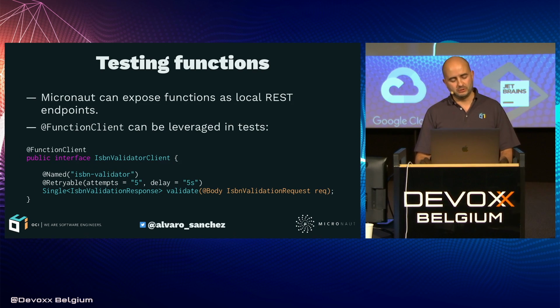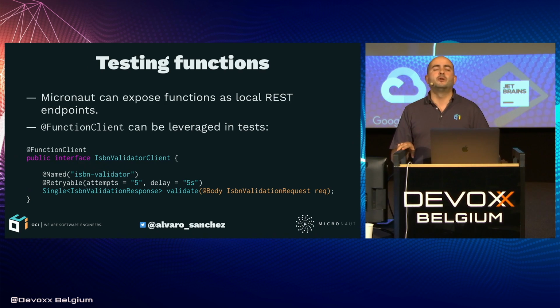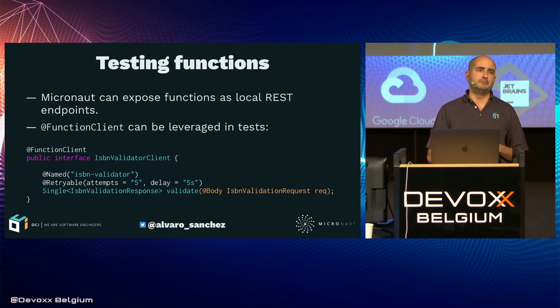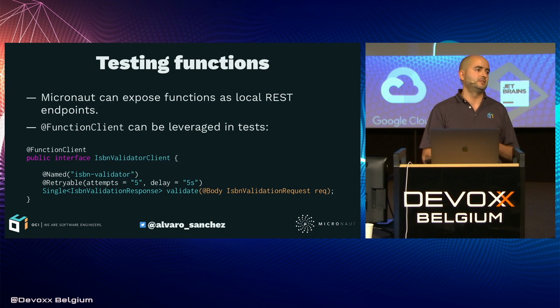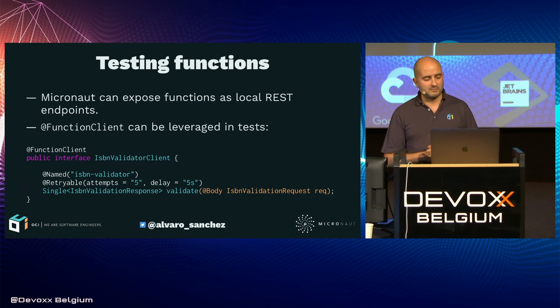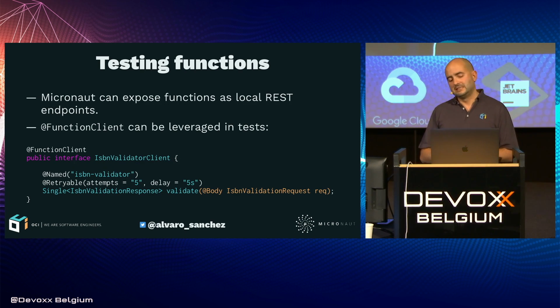How do you test functions? There are different ways to do this. One is obviously you could create a unit test. If you do a unit test, you will mock your collaborators and probably instantiate your function bean, call the apply method or get or whatever functional interface you're using, and then make assertions on the result.